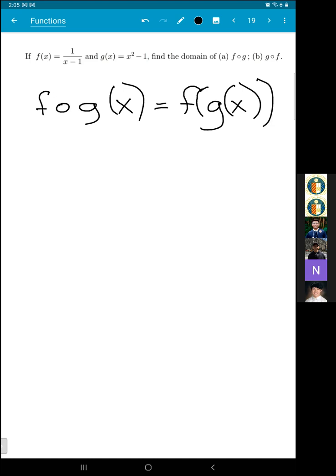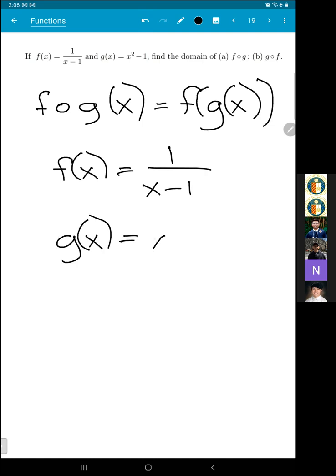So instead of using a number, you're using a function to plug into another function. So here is f of x, and here is g of x. You're going to plug g into f. And that means every occurrence of the variable x in the formula for the outer function f must be replaced by g of x, which is this one.